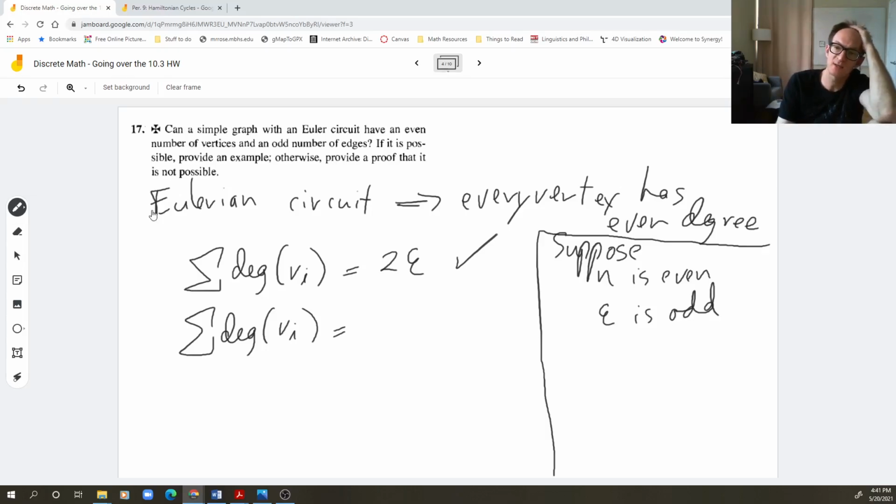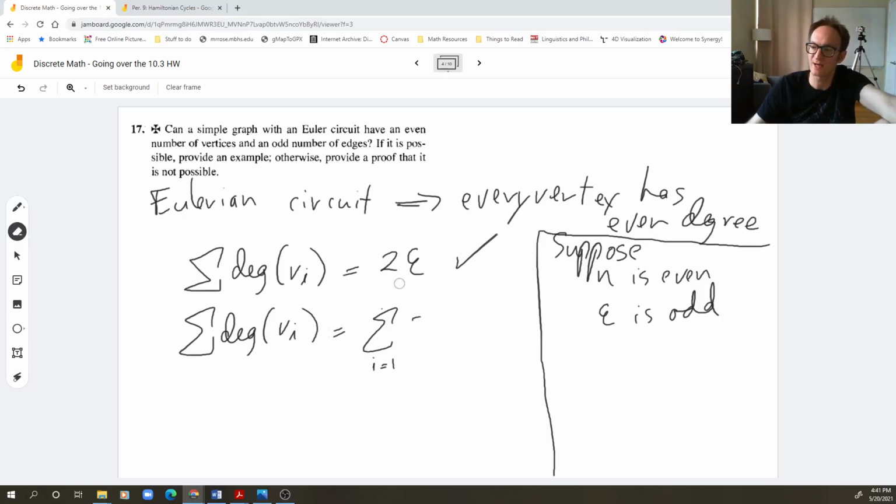So the sum of the degrees of the vertices is a sum from i equals 1 to n of the degrees. But what are the degrees? The degrees are all even. Let's backtrack a second. The sum of the degrees of all the vertices is 2 epsilon.